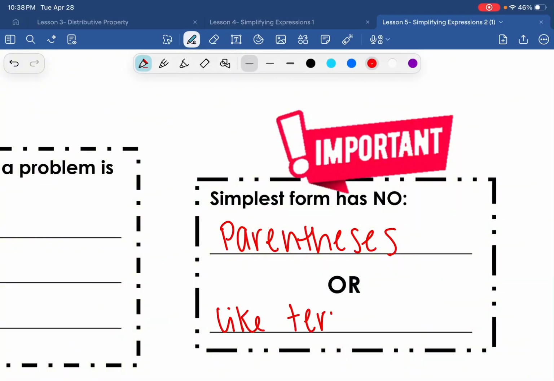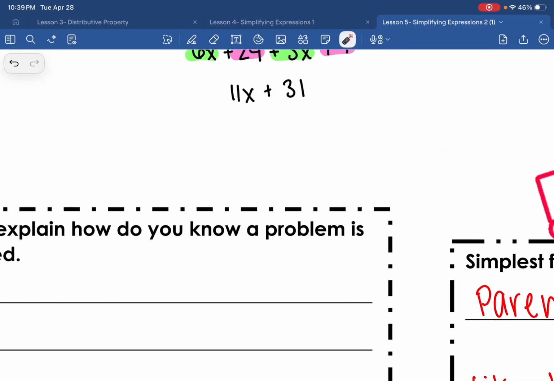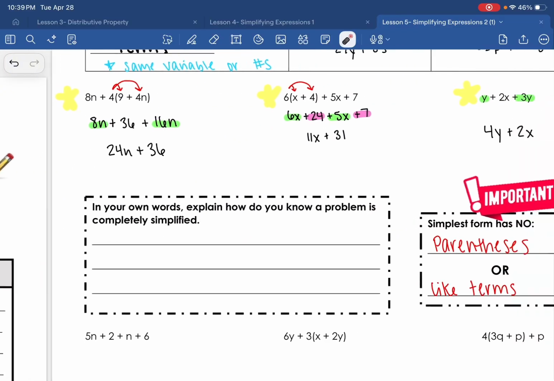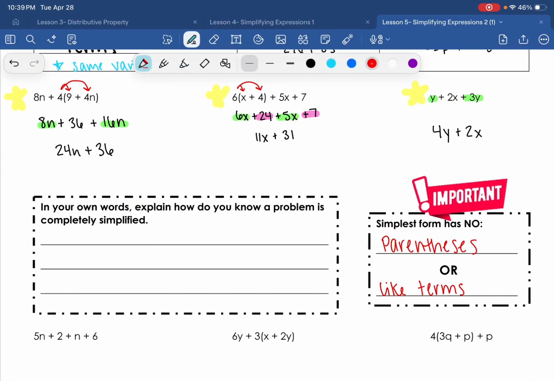Your final answer should have no groups of like terms or parentheses. And in your own words, I want you to explain how you know a problem is completely simplified. So for example, how did you know that 11x plus 31 was completely simplified? In your own words, I want you to write it down and then check with me.